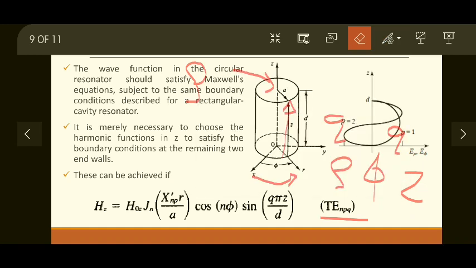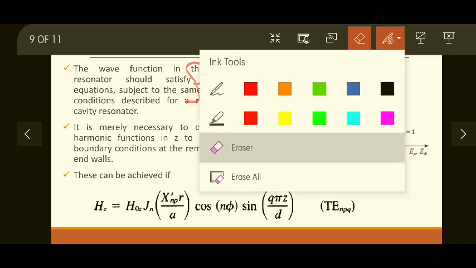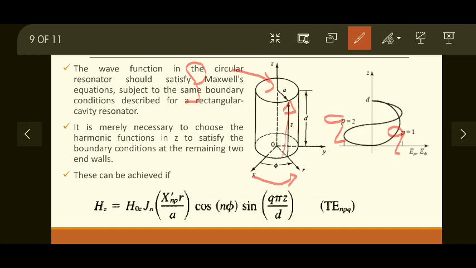Keep that in your mind or make that correction while taking notes. For q equal to 1, there will be a single half wave in the z direction. For q equal to 2, there will be two half waves in the z direction. E rho and E phi will be 0. Similar to the rectangular waveguide, we will also analyze this one.